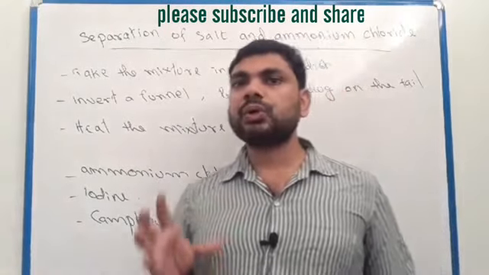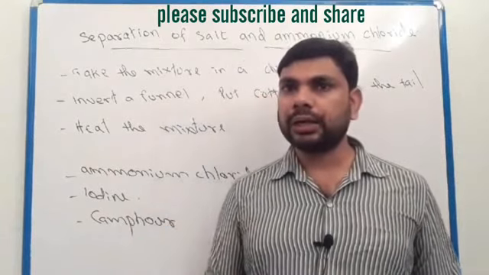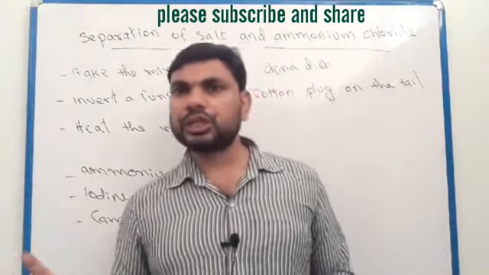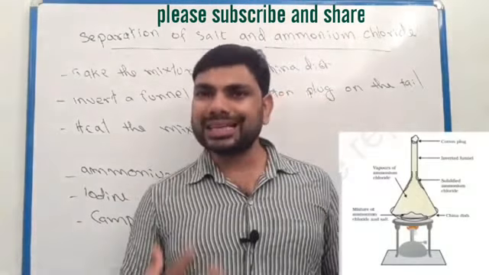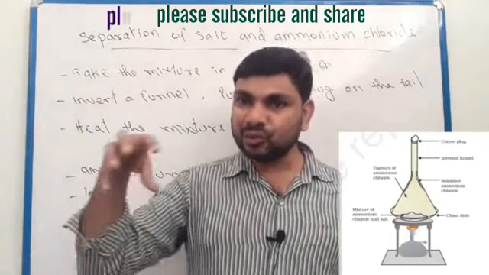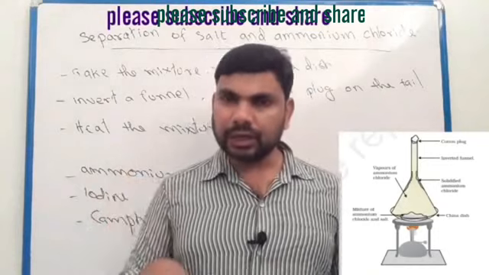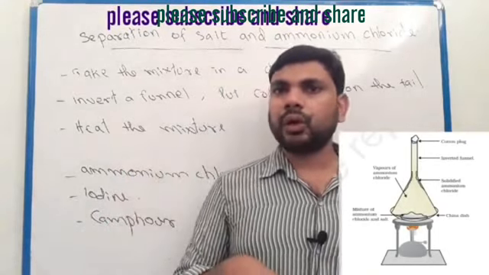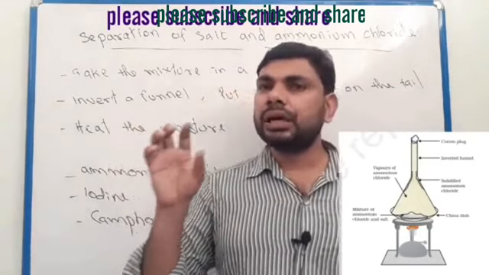So we have a mixture which contains salt and ammonium chloride. You have a picture here. We take salt and ammonium chloride in a china dish and invert a funnel on it as shown in the figure. Then put some cotton plug on the tail of the funnel.